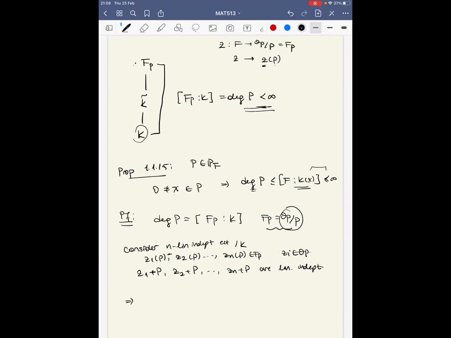If we are able to show our claim that these functions from O_P are linearly independent over K(x), then we can conclude that the extension degree is bigger than the degree of P. We show it by contradiction.